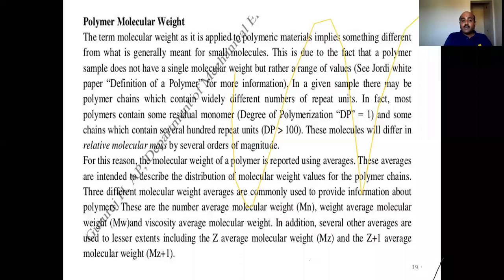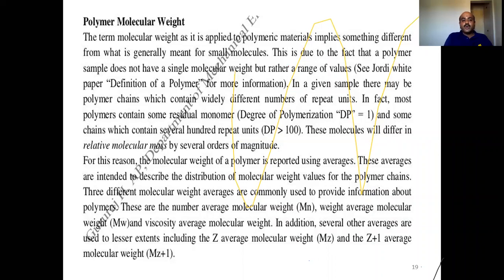In a given sample, there will be polymer chains which contain widely different numbers of repeats. You cannot say that each polymer chain will have the same number of repeating units. Different chains will have different numbers of monomer units, so we cannot simply calculate the molecular weight based upon the number of monomers and chains.